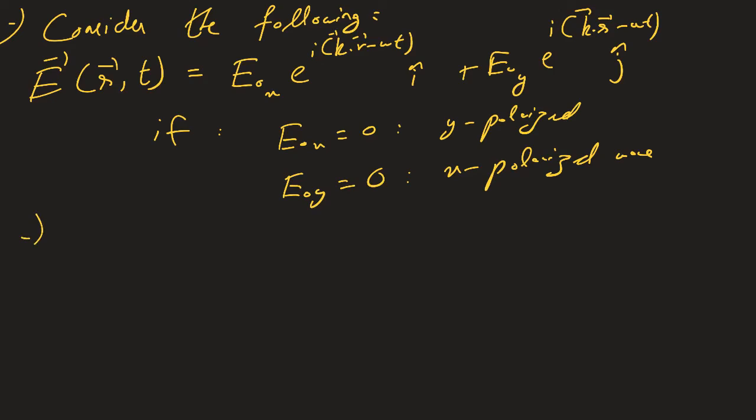But here's where the magic happens. If E naught sub x over E naught sub y is equal to i, where i is just the square root of -1, our usual i, then you get circular polarization.